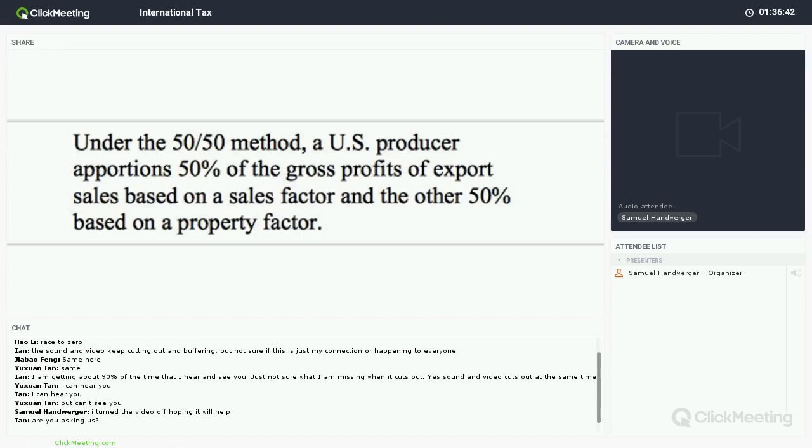U.S. producer, manufacturer puts 50% of the gross profits of the export sales based on the sales factor, and the other 50% of the gross profit based on property. So let's talk about what this means. If the manufacturer takes 50% of its gross profits and bases the source of its export sales on where it sold, where did the title pass, then it's easy to control.